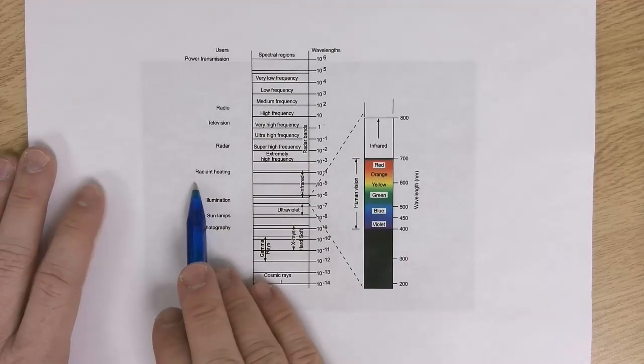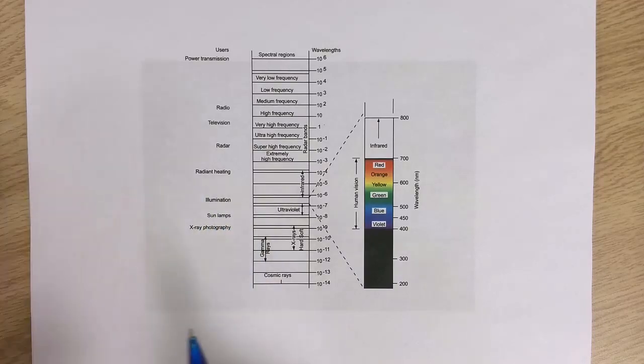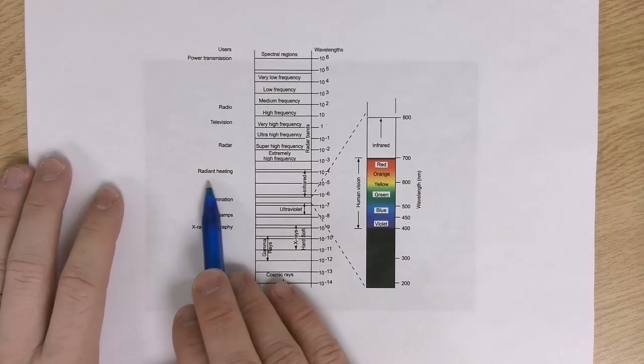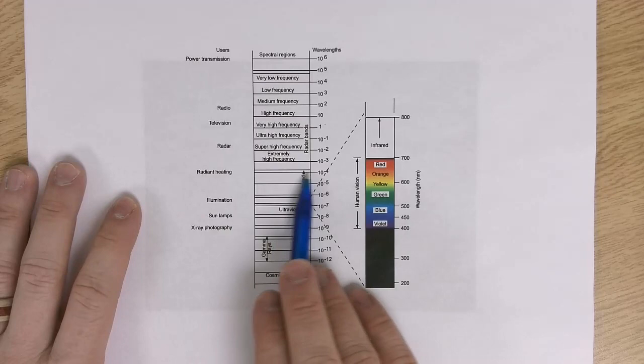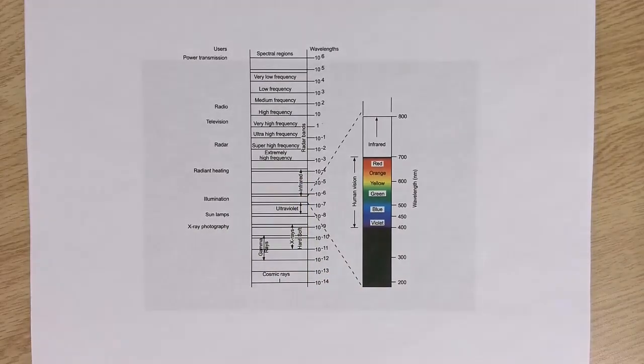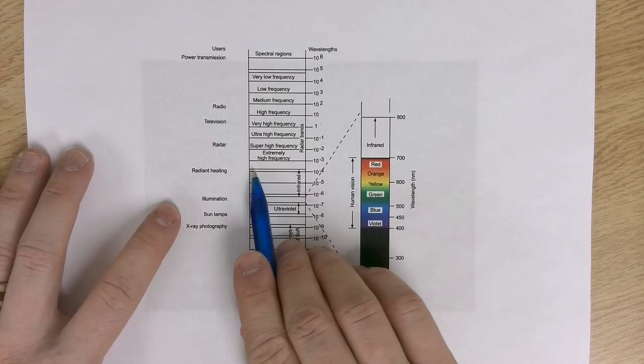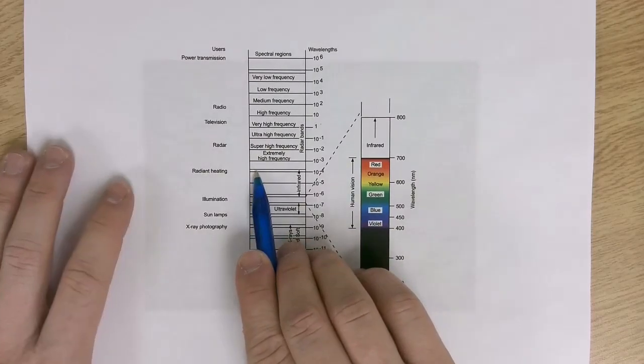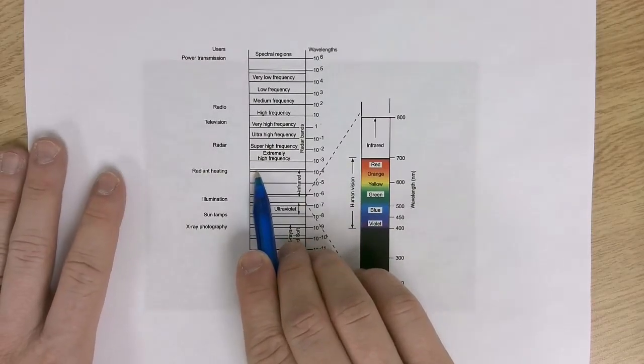Now, another one to think about in terms of wavelengths is this. They have radiant heating labeled right here. And so if you think about a fire, that produces heat and it produces light. However, a baseboard heater that also produces heat does not produce light.